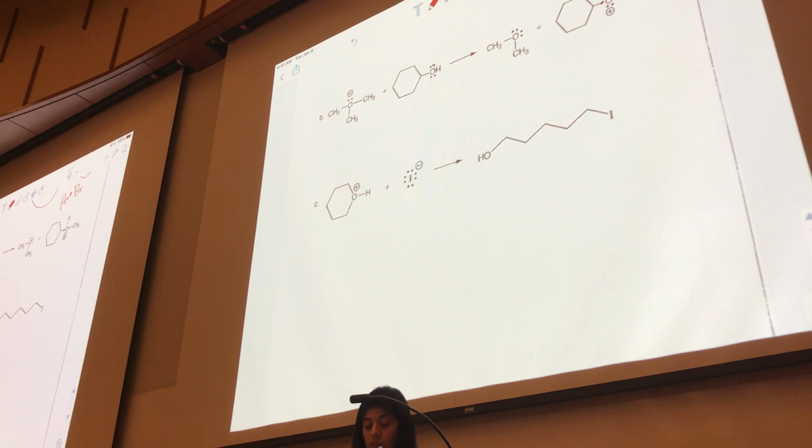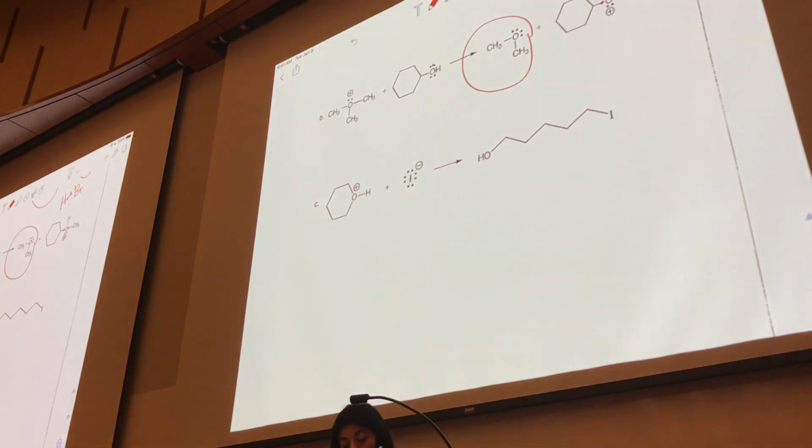Same process. Here we have the oxygen with a positive charge that has 3 methyl groups attached, versus on the other side, you have this ether. That just means oxygen with 2 carbons coming off, and it no longer has a positive charge. So it must have gained electrons in some way.